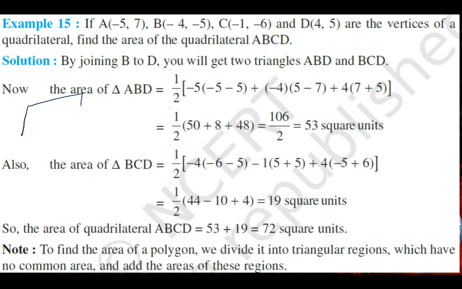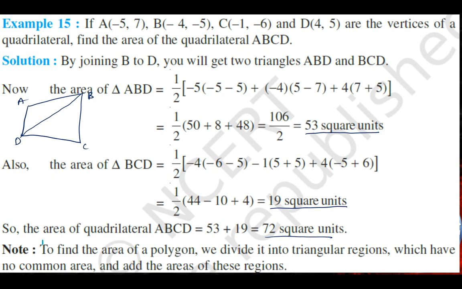Suppose this is quadrilateral A, B, C and D. And here they have joined B and D. So two triangles are formed, one is ABD, the other is BCD. See, they have found two areas. The answer of the first is 53, the answer of the second is 19. Add both and we get 72. Okay. Same question, just the values have changed.